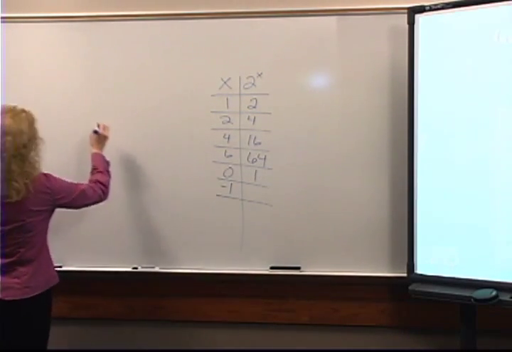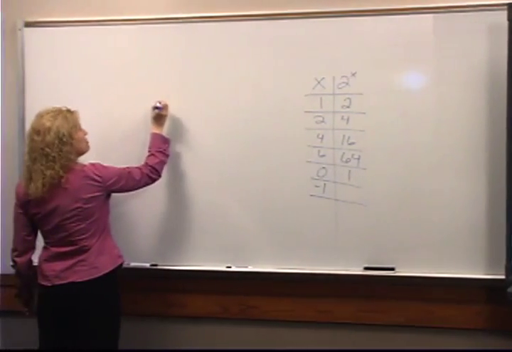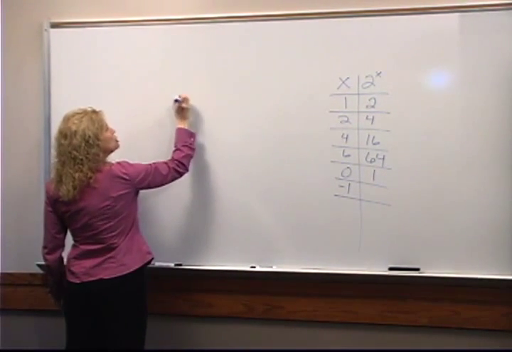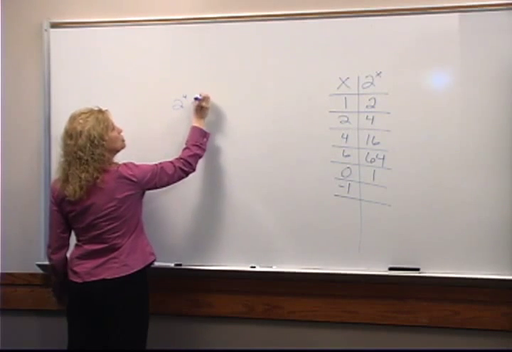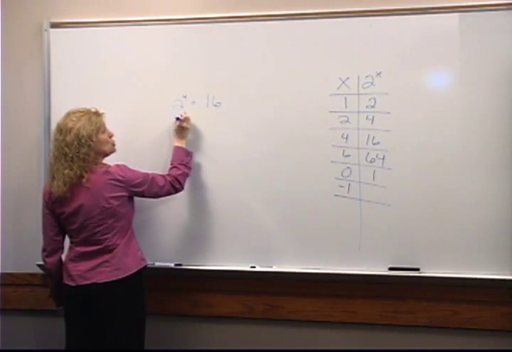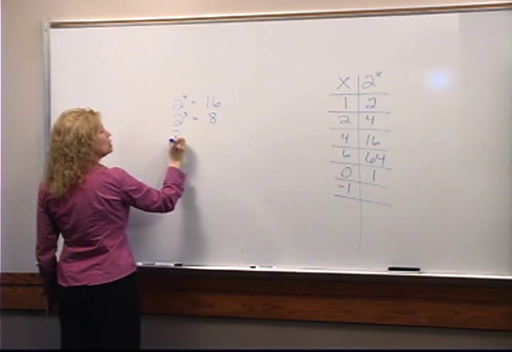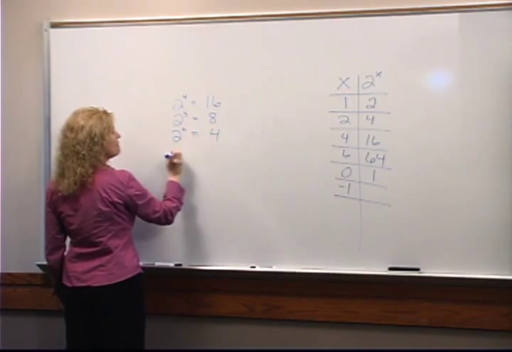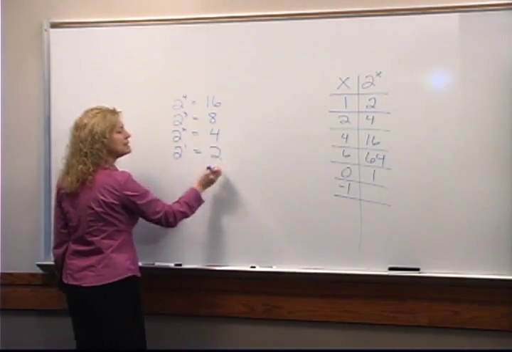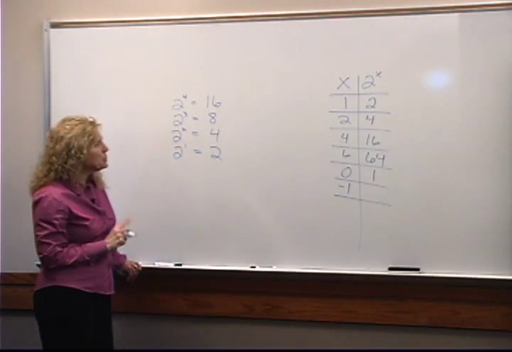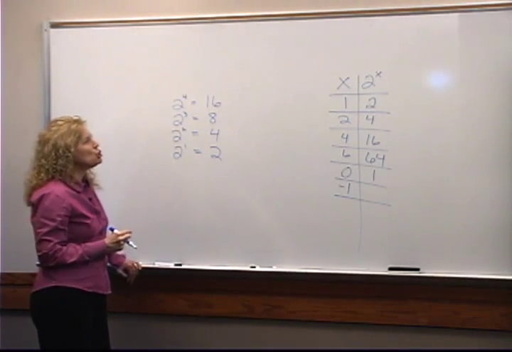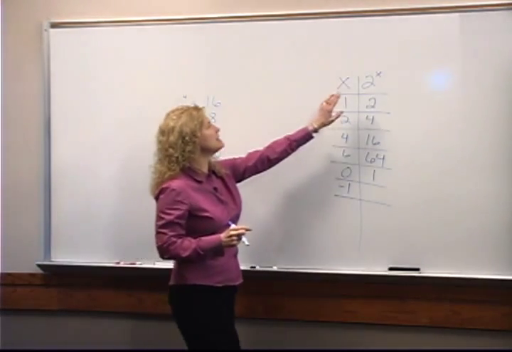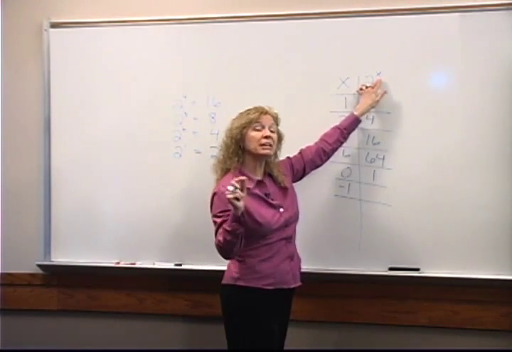Let me show you. Let's make another table. 2 to the 4th is equal to 16. 2 to the 3rd is 8. 2 to the 2nd is 4. These are the nice, easy ones. And the reason they're nice and easy is you have probably heard of this exponent as repeated multiplication.